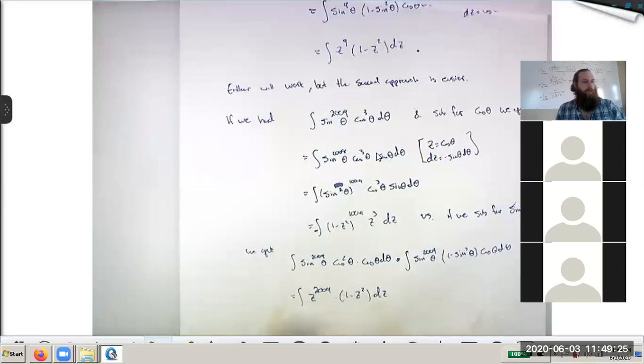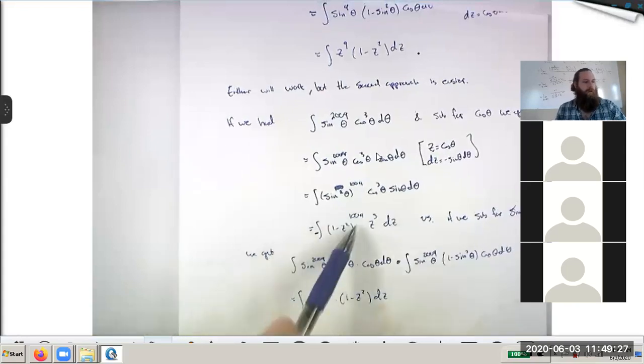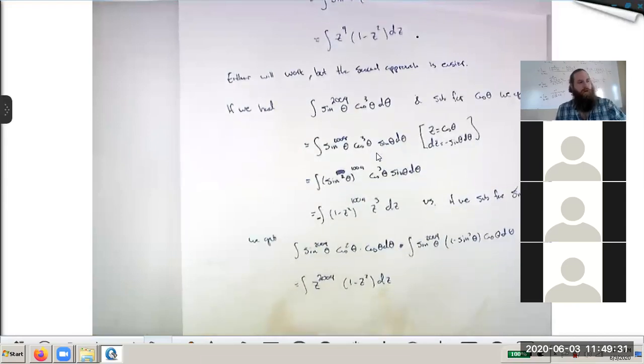Comparing this integral to this integral, here you have to FOIL out this massive, massive power of 1 minus z squared. Here you don't. So what Fernando said is correct. If both powers are odd, the power of sine and the power of cosine are both odd, you want to substitute for the larger power, which means you're going to set aside a copy of the smaller power.